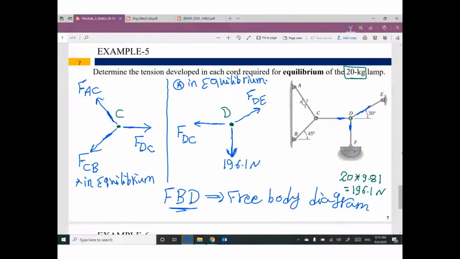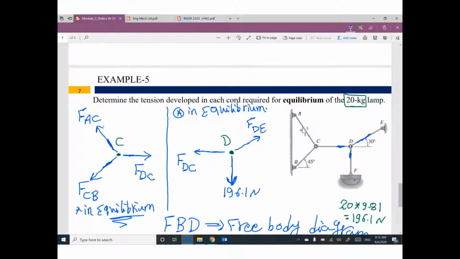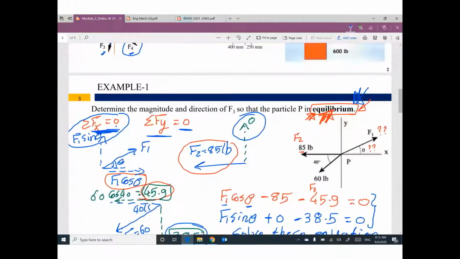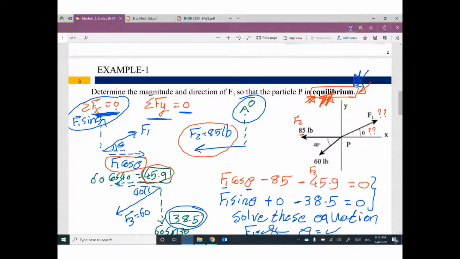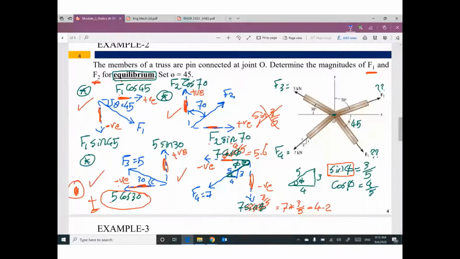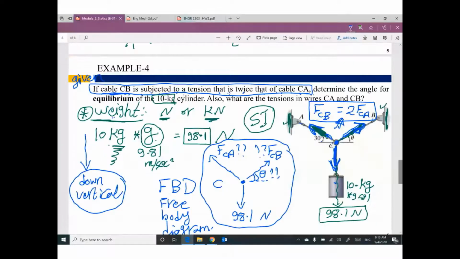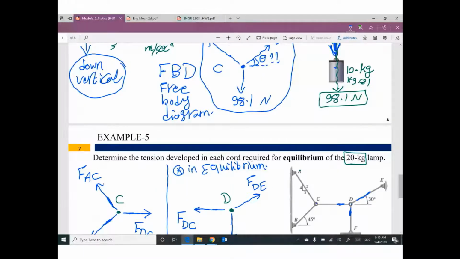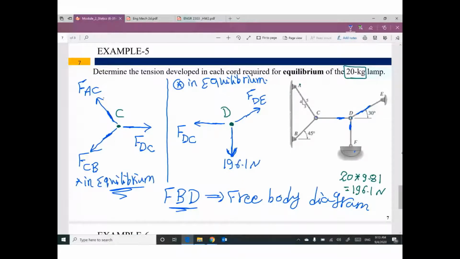Can you remember the first example I solved? Do you remember this one? Or this one? So we have 2 problems. The first one, we have 3 forces in equilibrium at joint D. For the second one, we have 3 forces in equilibrium at joint C.